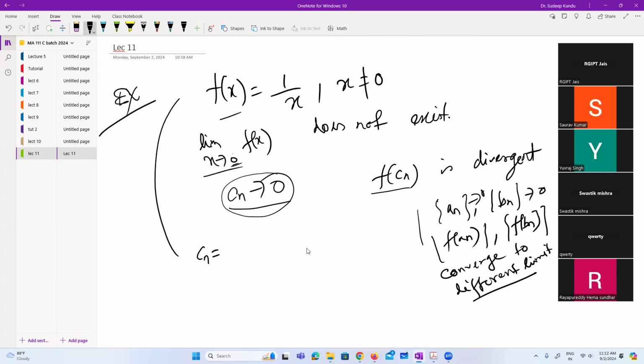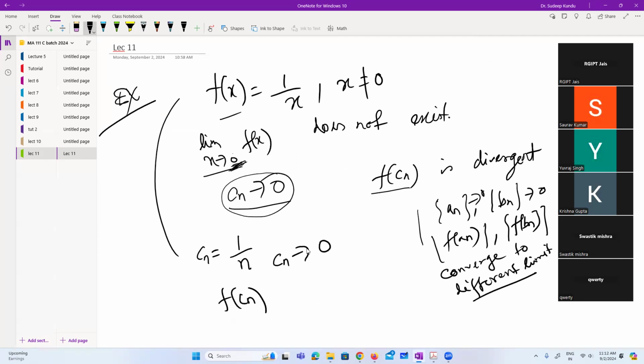Can you give one example of a sequence which converges to zero? c_n equals 1 by n, right? So c_n tends to 0. What about f of c_n? It is 1 by c_n, what is the value? n.